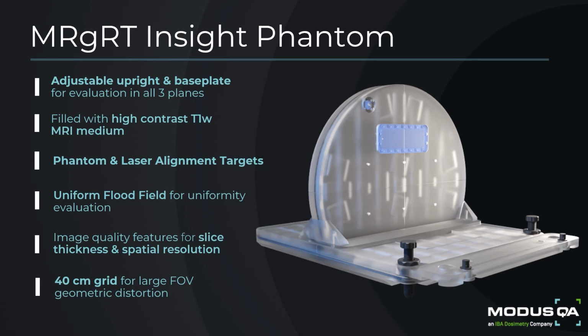And so since all these testing features are located within just one singular phantom, it's quite feasible to complete a majority of your daily or periodic QA testing with just a single comprehensive scan, thereby receiving a full understanding of the integrity of your MR system in a far more efficient manner in just one single acquisition.